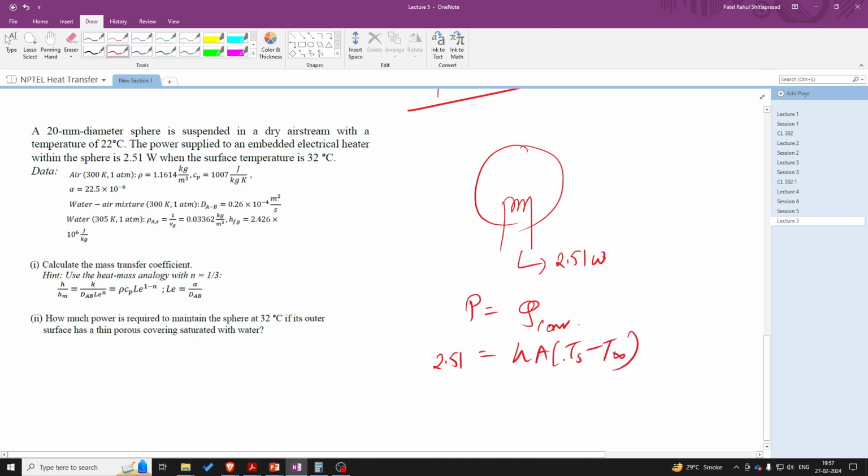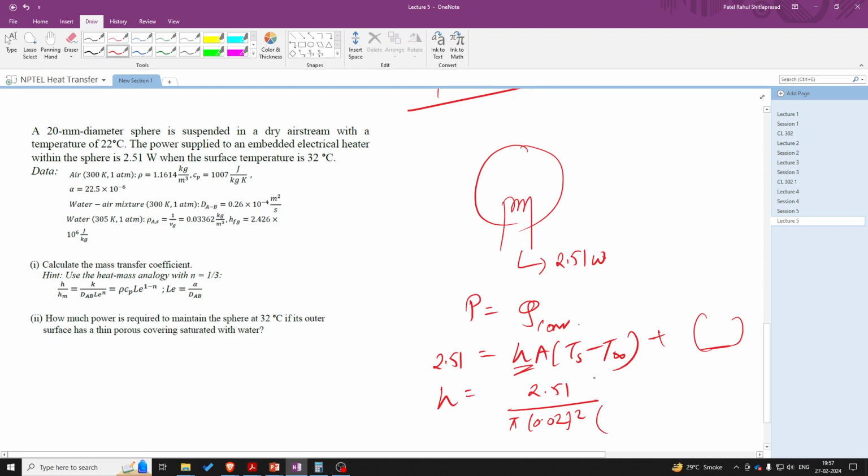The heat transfer coefficient we can find over here, and there won't be any term related to mass transfer. So this h will become 2.51 upon the area. You can write it as pi d square, that is 20 mm, so 0.02 meter whole square, upon the temperature difference.